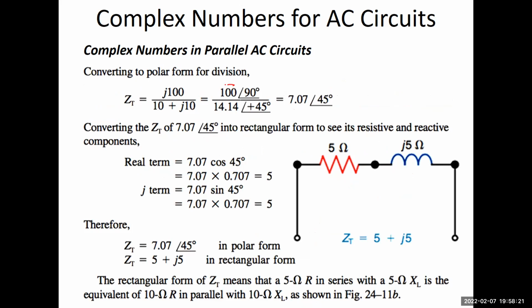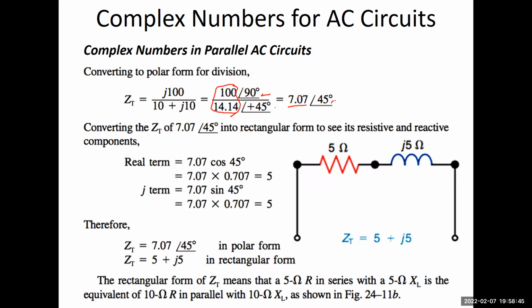Kasi di ba in division of polar form, complex numbers in polar form, you divide the magnitudes and then you subtract the phase angles. So 100 divided by 14.4, that is 7.07. And 90 minus 45 is 45. Okay?